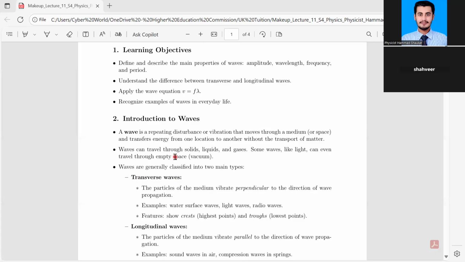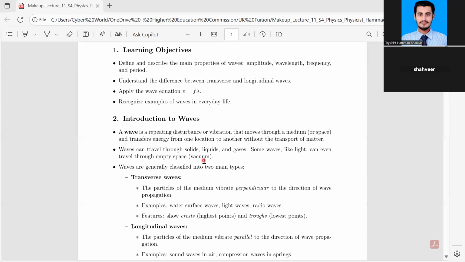A wave can also travel through solids, liquids, and gases, because there are particles in solids, and atoms and molecules in liquids and gases. So definitely a wave can travel through solids, liquids, and gases. Some waves like light can even travel through empty space, a vacuum.